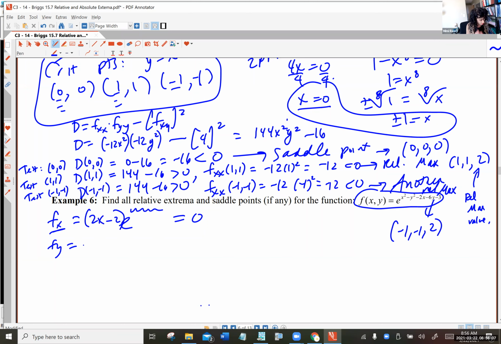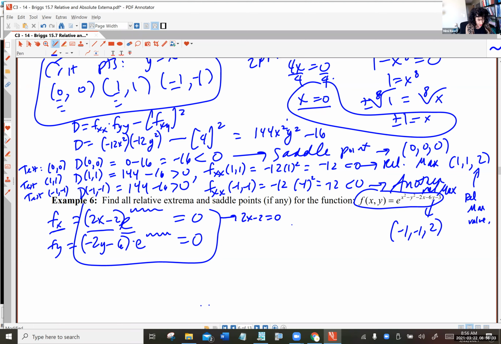And then when I do a similar thing for the partial with respect to y, the derivative of blah, blah, blah with respect to y is negative 2y minus 6 times e to the blah, blah, blah. Okay, fine. So this is a nonlinear system of equations. Now, I'm going to apply the ZPP right now to both of them. So for the fx, if something times something equals 0, what does that mean?